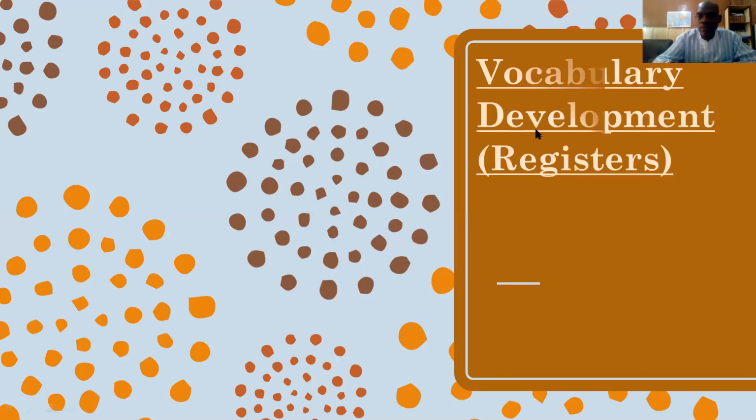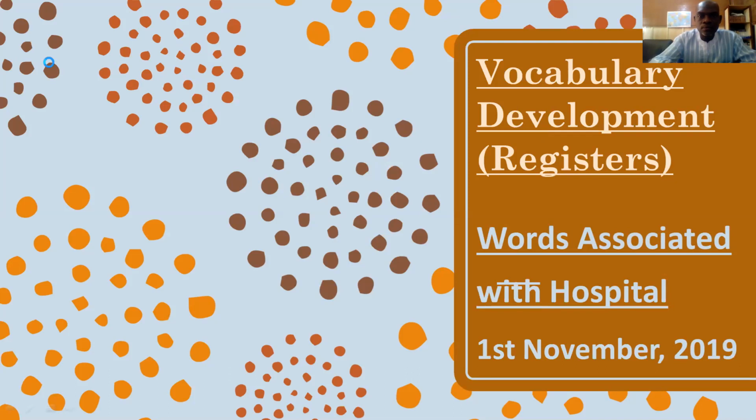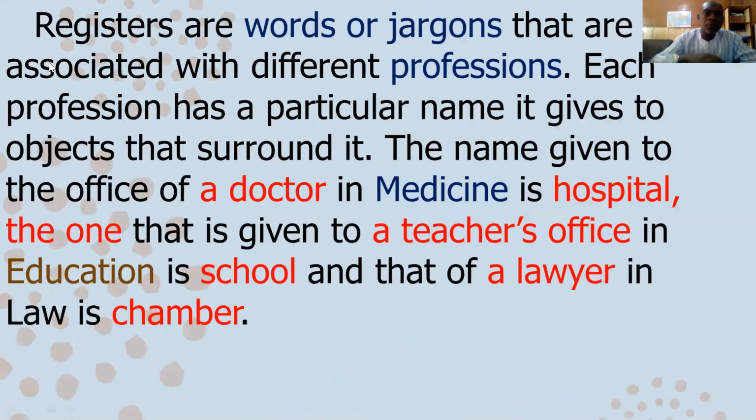There are lots of professions, and each of these professions has particular terms, words or jargons that it uses to describe the objects that surround it. So registers are words or jargons that are associated with different professions. Each profession has a particular name it gives to objects that surround it.